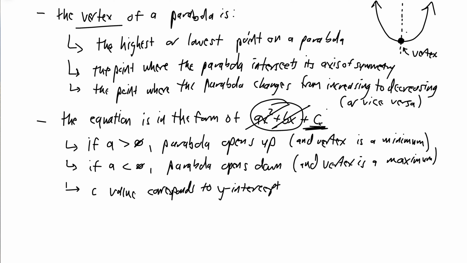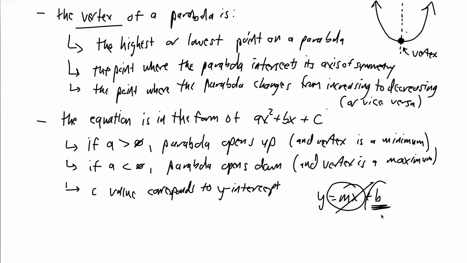Very similar to how this works with lines. With the equation y equals mx plus b, this was our y-intercept, because when you plugged in 0 here, you were just left with this. It's a very similar process. So the c value is going to be our y-intercept.